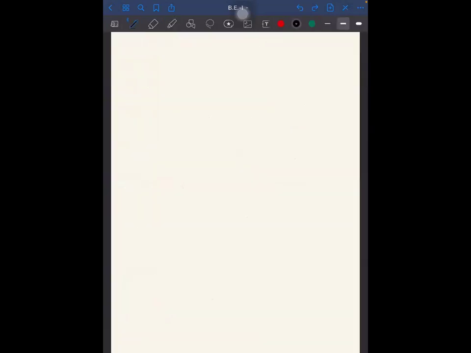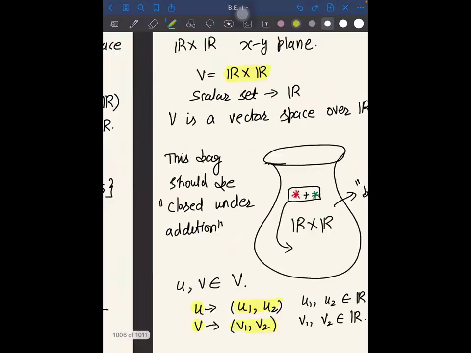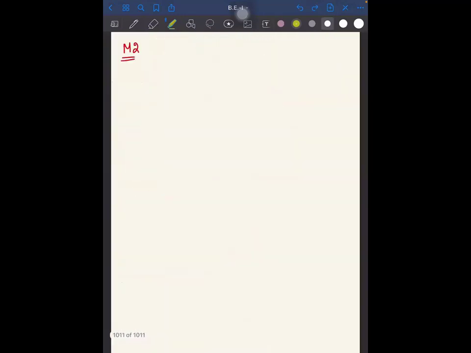So you talk about M2. This is your M2, right? And this is your M3. We'll be taking these two properties together and we'll prove those properties, okay? So now, for M2, let alpha and beta belong to R and u is a vector belonging to V. So alpha plus beta times u.